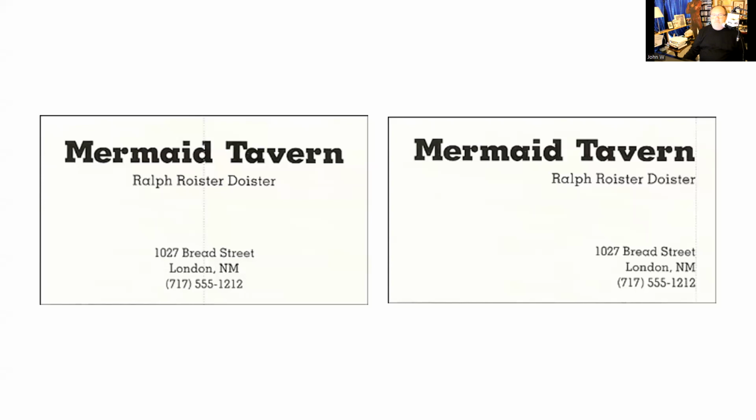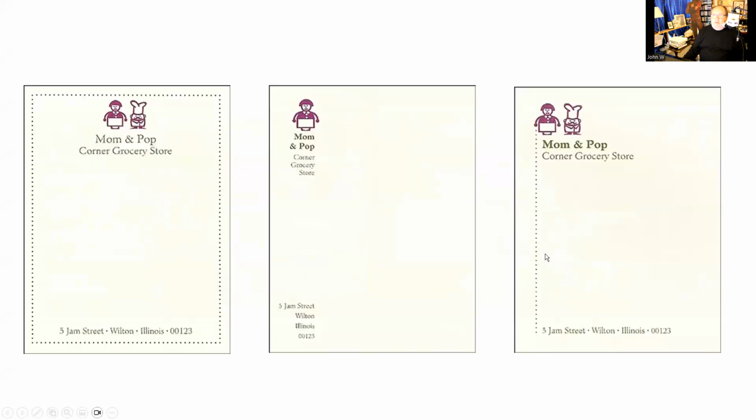Which one's better? Now, you'll see them lined up like this, but I think this is probably going to be the one that people will like and react to better for this Mermaid Tavern in London, New Mexico. Mom and Pop again. Which one do you like the best? That's very traditional and old-fashioned looking. So maybe for Mom and Pop, that might be good. It's still aligned, nothing random.